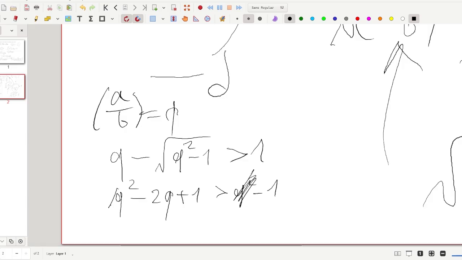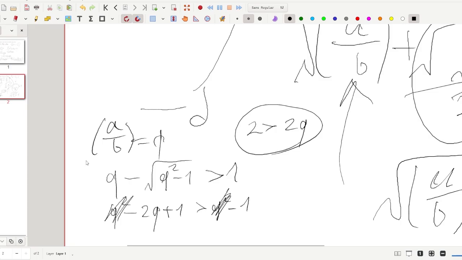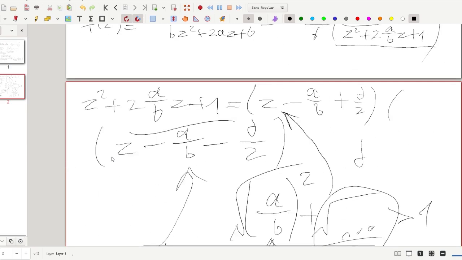Q squared cancels out. And when we shift 2q to the right, we get 2 greater than 2q, which is always true, because q is going to be greater than 1. So we have proven that this specific point is going to lie within, where we subtract the root.